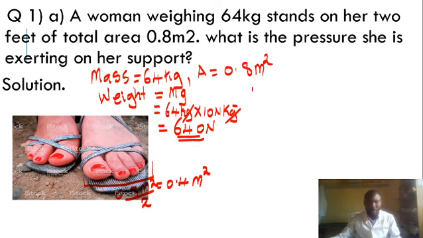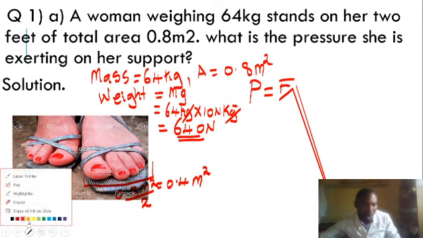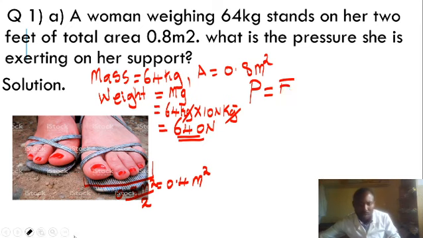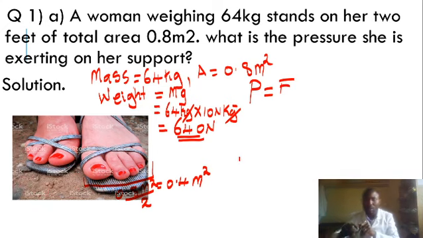Now, what is pressure? Pressure P is equal to force over area. And we already see that the force is having the right unit.